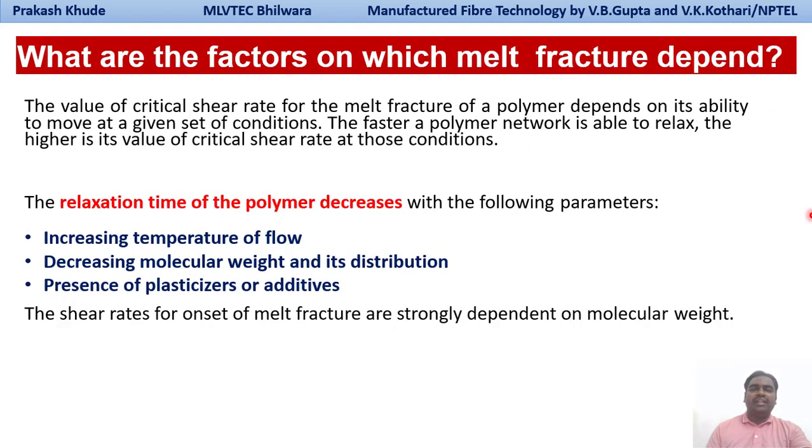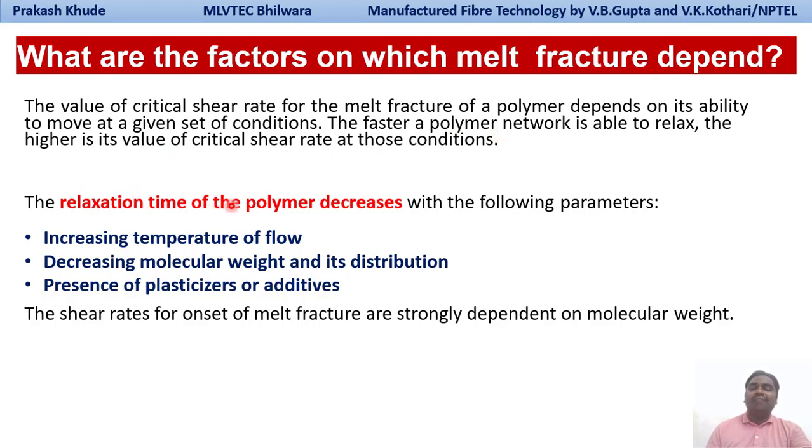Now, what are the factors on which this melt fracture depends? The value of the critical shear rate for melt fracture of your polymer depends upon the ability to move at a given set of conditions. The faster a polymer network is able to relax, the higher its value of critical shear rate under those conditions.